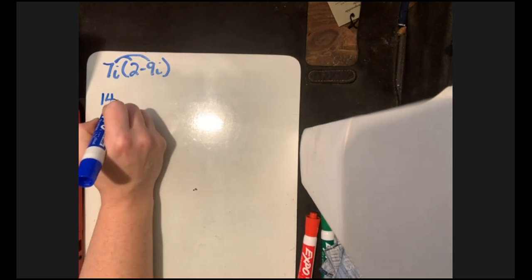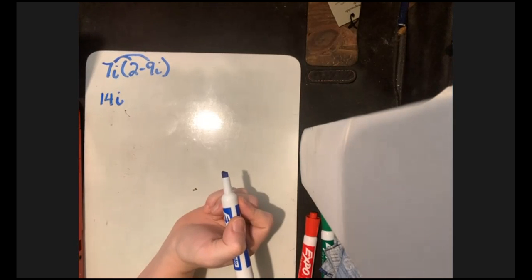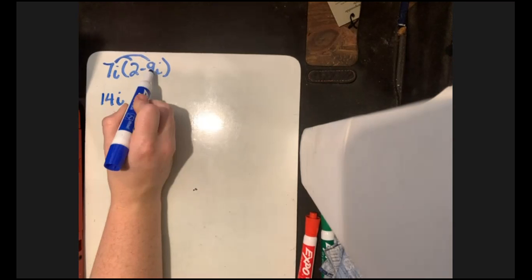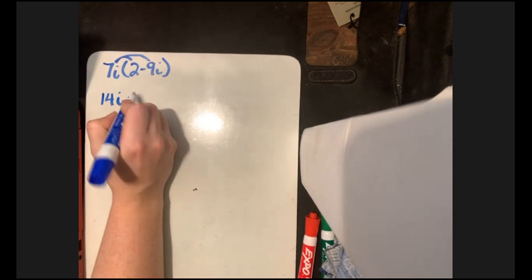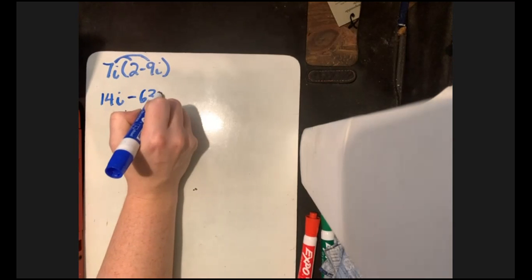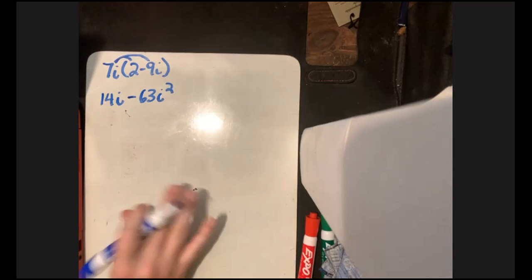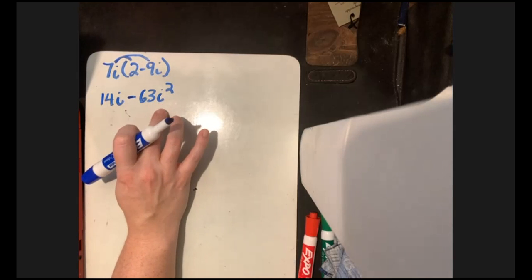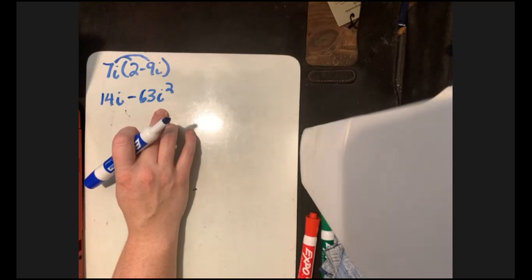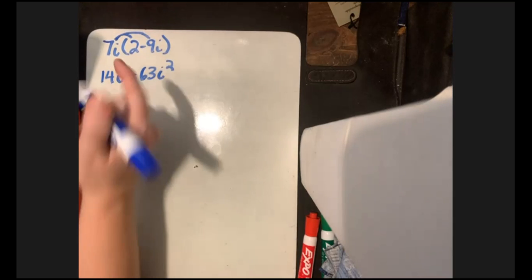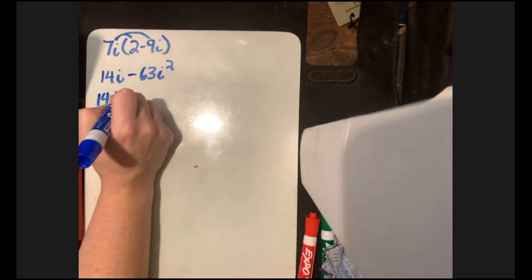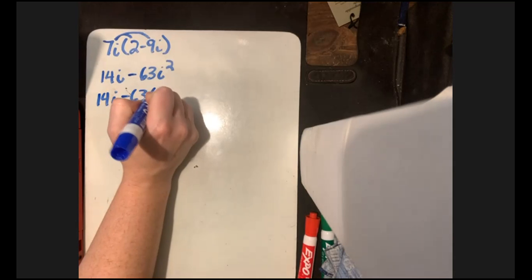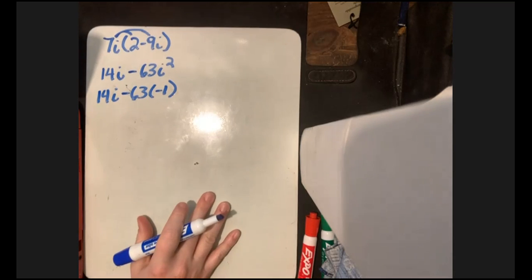This is going to be 14i. And then I've got 7i times that minus 9i, so it's going to be negative 63i squared. Now, I mentioned in that previous video that we do not leave i squared in an answer. i squared has a value of negative 1. So we're going to change that out for a negative 1.